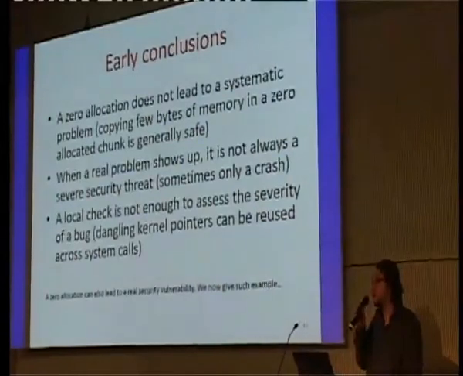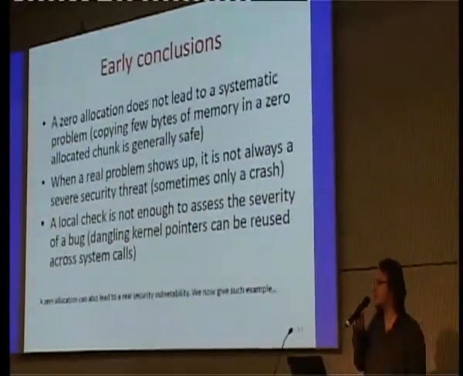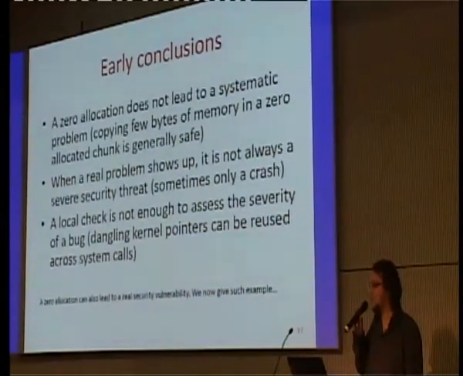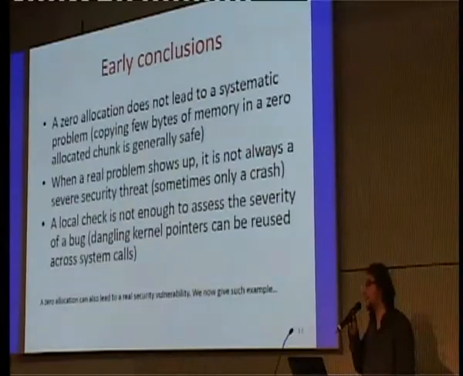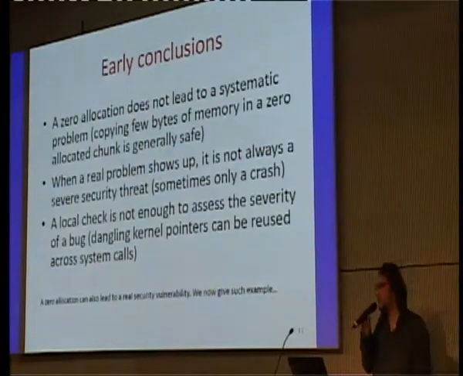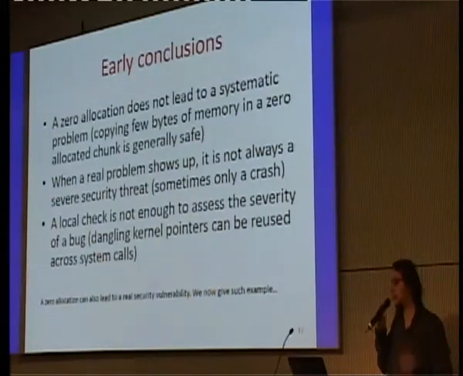And also, doing local checking, say taking a syscall, analyzing it, and going down, is sometimes not sufficient to detect the bugs, because we've seen that we have the syscall, and then we call a function, nothing happens, but if you take another syscall that uses the same data, then a true bug can happen. So you cannot just take one syscall, analyze it, and then do something else. You have to correlate the code review analysis of the multiple syscalls, or do other things that I'm going to present after.